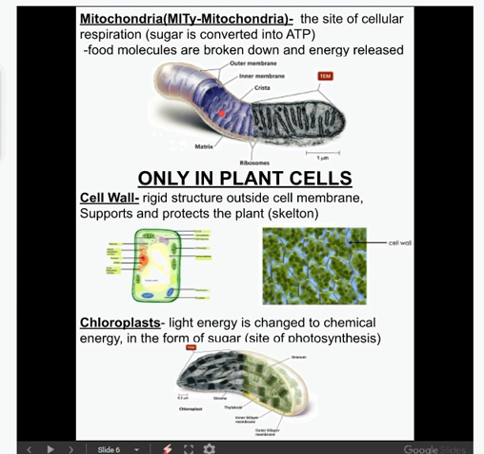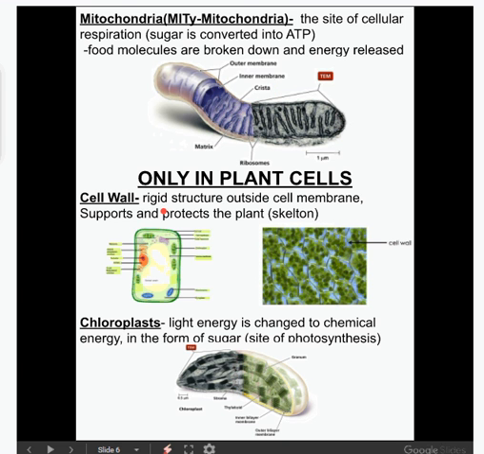So those folds increase surface area to make reactions happen much faster. Those folds are labeled here. They're called cristae or crista, depending. Often there'll be an E at the end when it's plural.